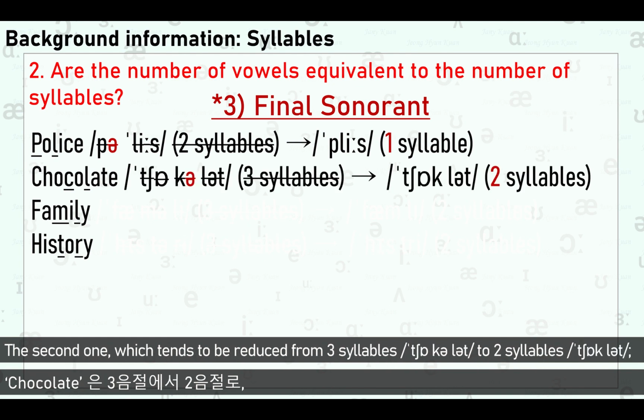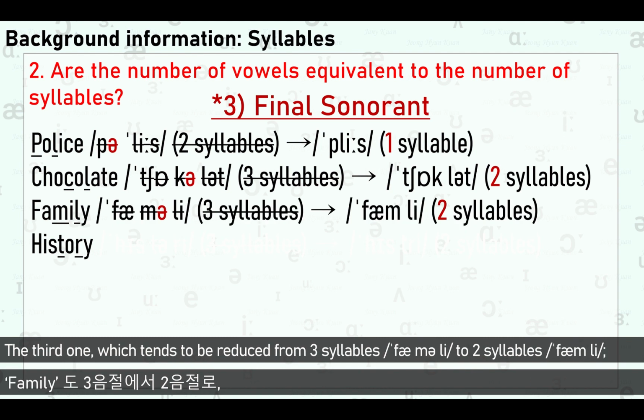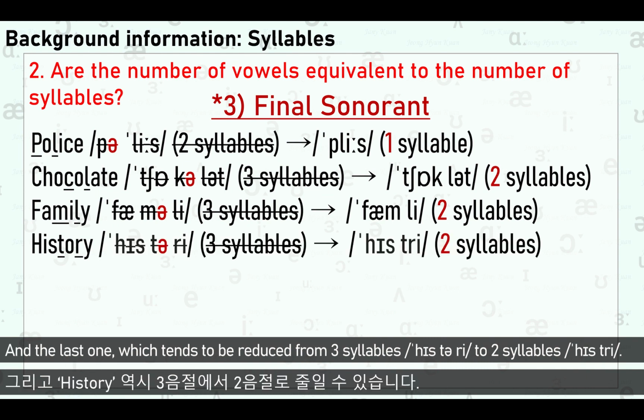The second one tends to be reduced from 3 syllables, chocolate, to 2 syllables, chocolate. The third one tends to be reduced from 3 syllables, family, to 2 syllables, family. And the last one tends to be reduced from 3 syllables, history, to 2 syllables, history.